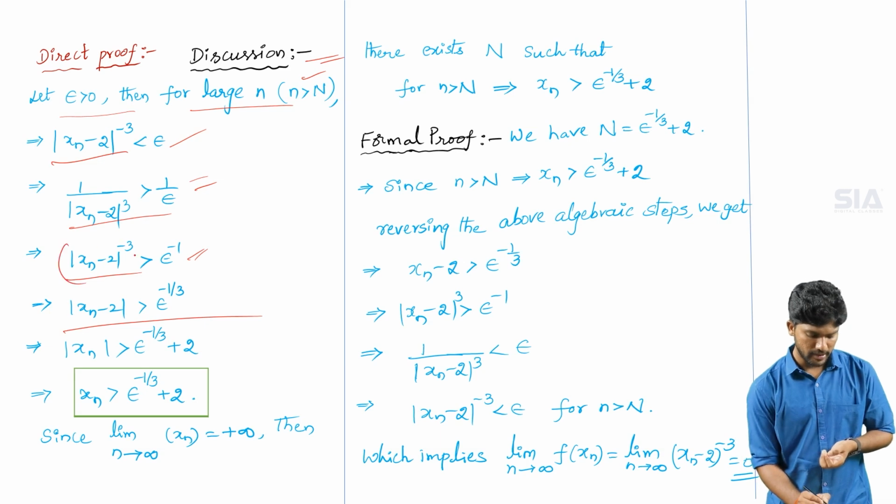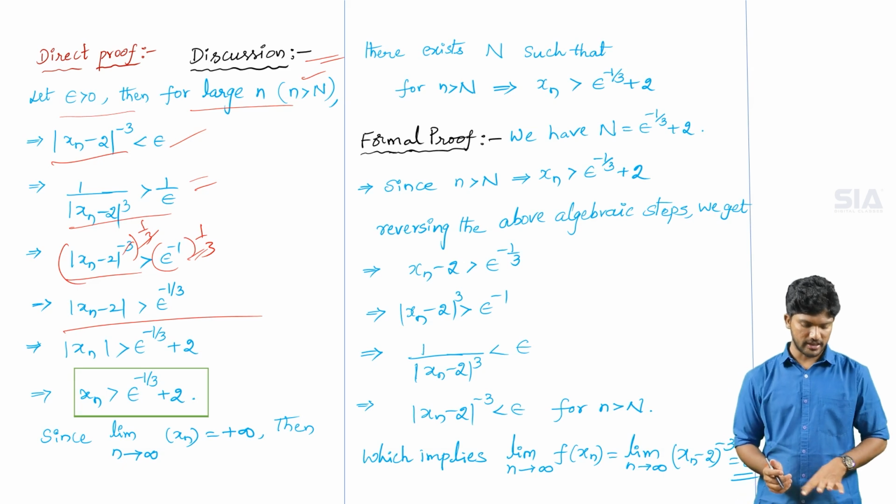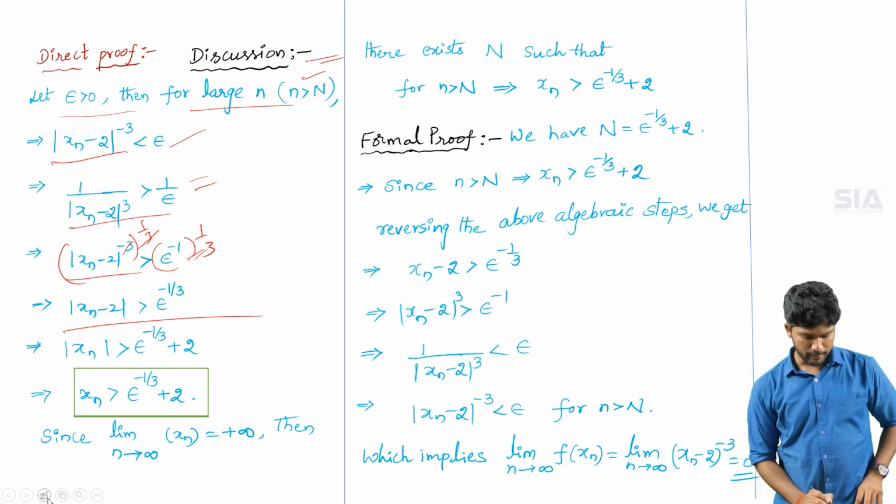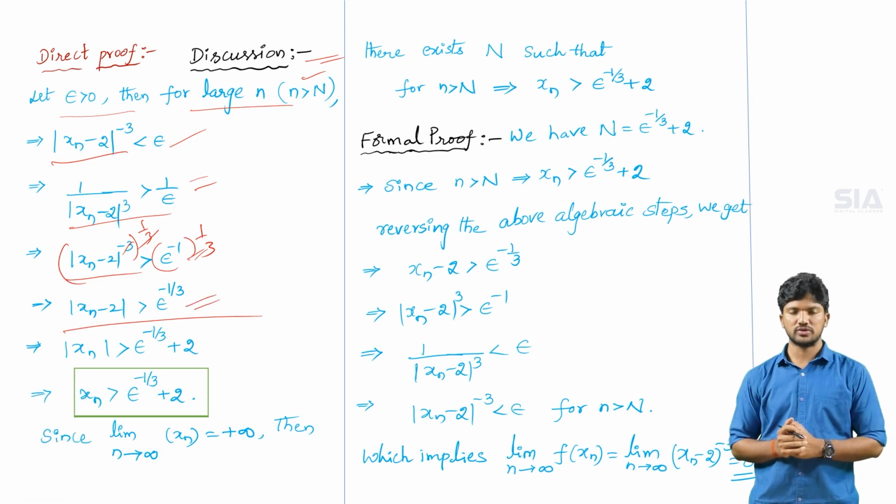Here, if you apply the power 1 by 3 on both sides, this 3 will get cancelled. You will get that value, minus 1 by 3. By applying the cube root on both sides, mod (x_n minus 2) is greater than epsilon power minus 1 by 3.